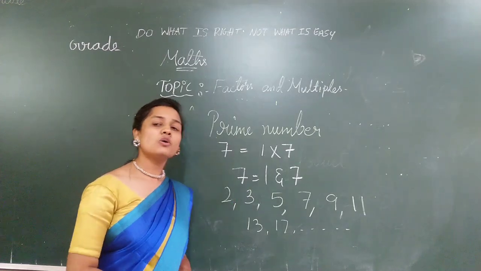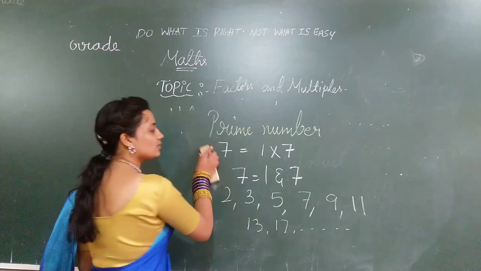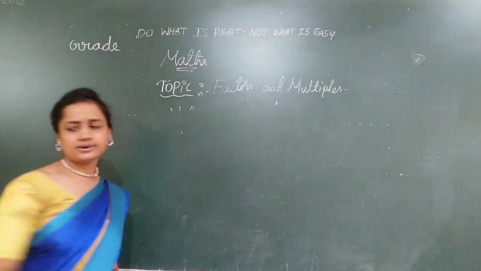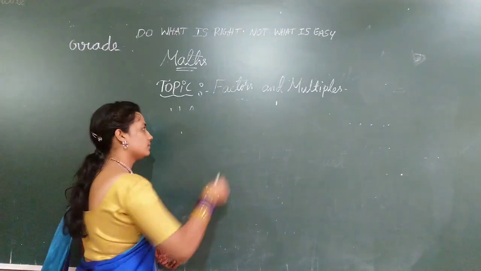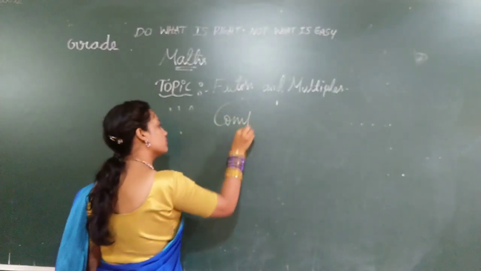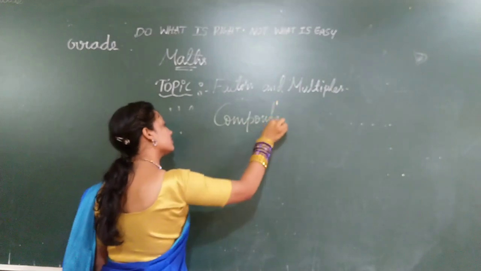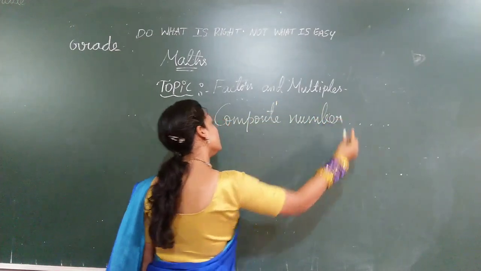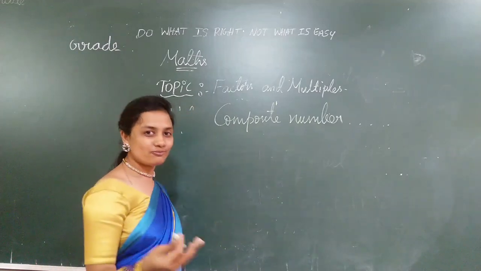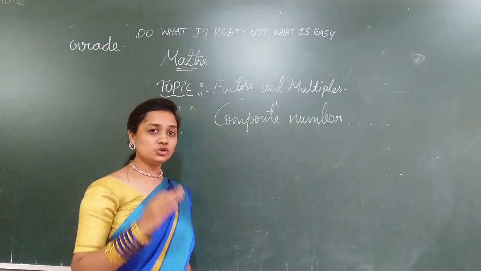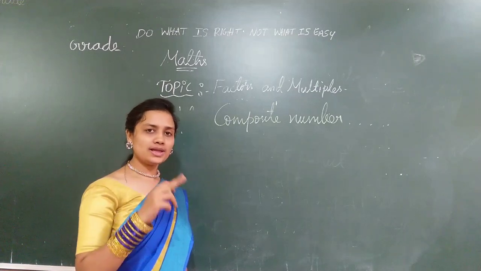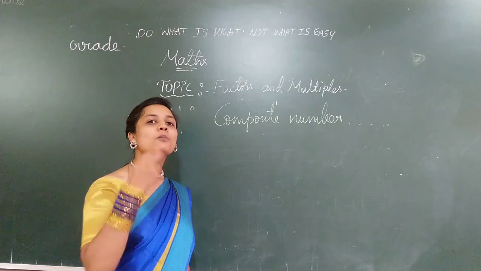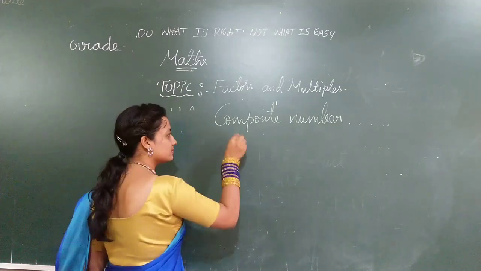So let's go for composite numbers. The opposite of prime number is called composite number. I told you composite is the opposite of prime. So what is prime? It should have factors 1 and the number itself. But in composite, you should have more than 2 factors.